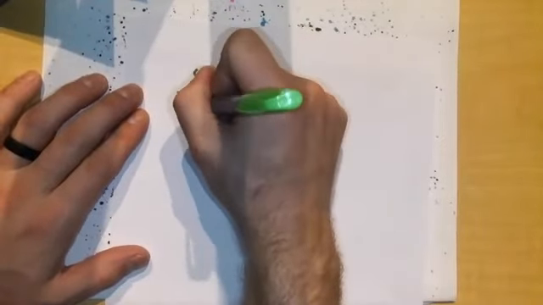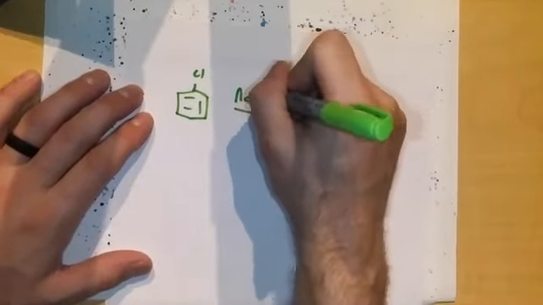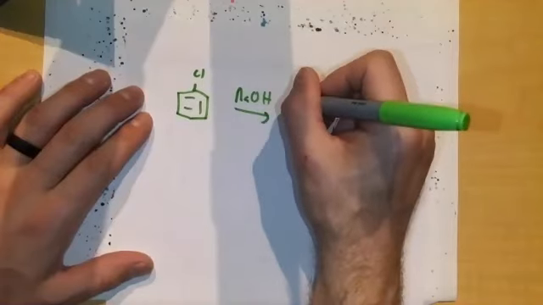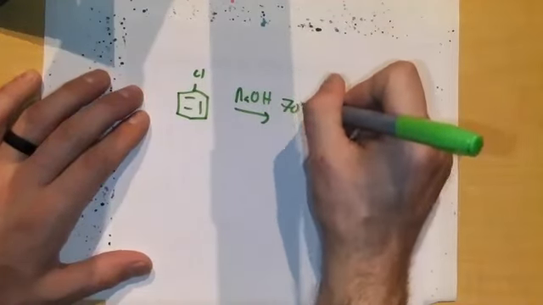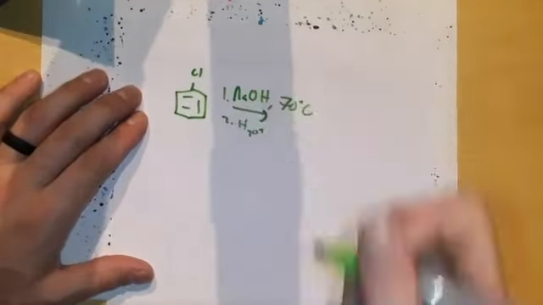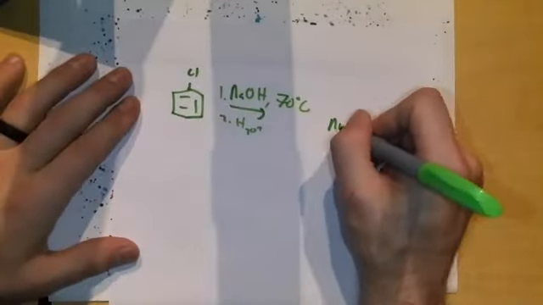If I have a Cl and I add in, what is it, NaOH at 70 degrees, then H3O plus here. So typically this doesn't work. This here would give you no reaction.